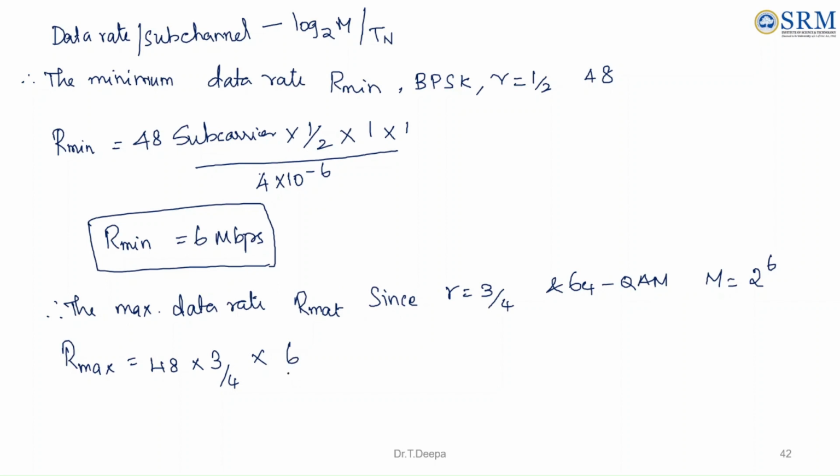Therefore 6 coded bits per subcarrier symbol divided by the symbol time of 4 into 10 power minus 6. So the maximum data rate that can be achieved by the 64-array QAM coded OFDM system is 54 megabits per second.